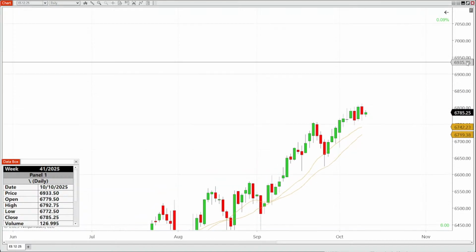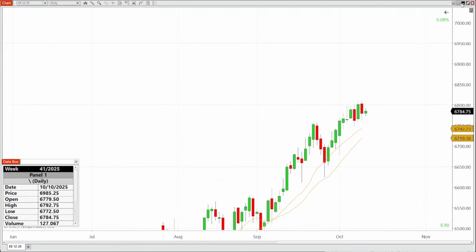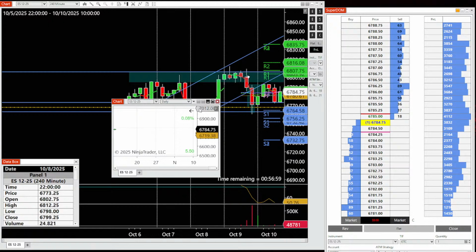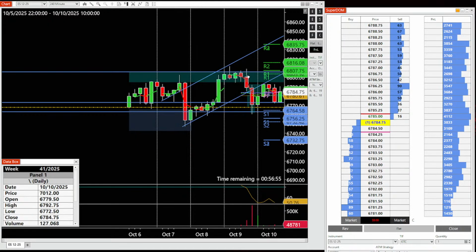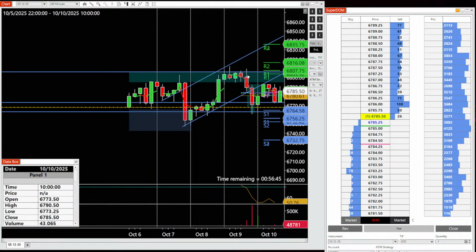See if they're going to squeeze the shorts out and keep making higher highs. We'll see. We'll see. So the level I'm looking at is 6,800.